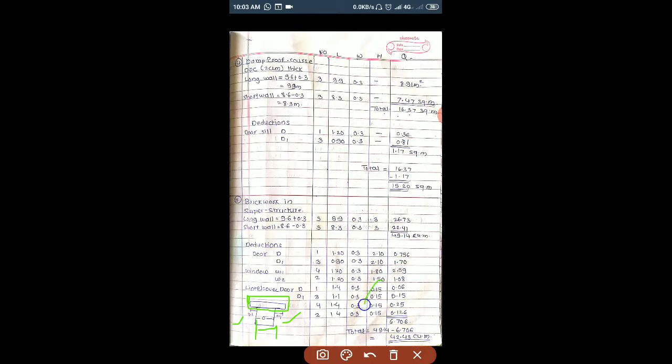We will consider the width as 0.3 meters, the same, because this lintel is also embedded in the wall.